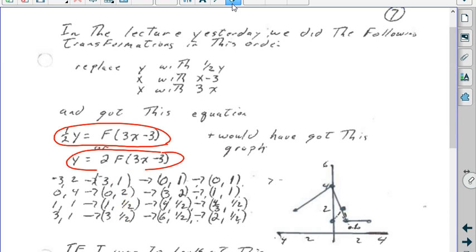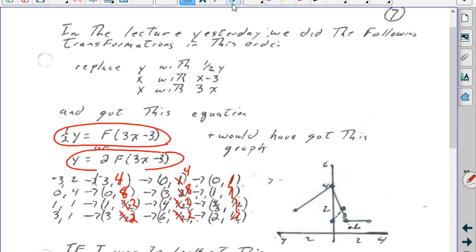Okay, we got to fix this because I messed up again. It doesn't actually affect too much. These guys got to be changed also. So I will fix my graph in a second.